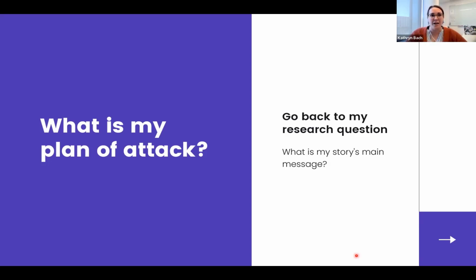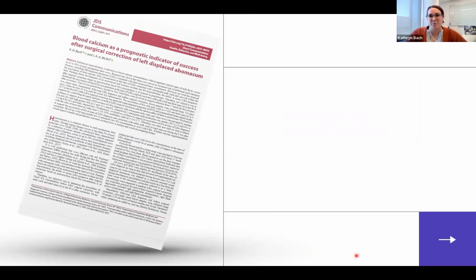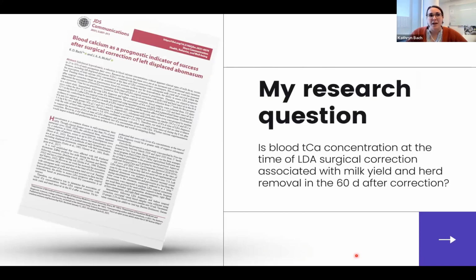The paper I'm going to show my abstract for was published in JDS Communications about blood calcium as a prognostic indicator for success after surgical correction of left displaced abomasum. And my research question was literally, is blood total calcium concentration at the time of LDA surgical correction associated with milk yield or herd removal 60 days after correction?